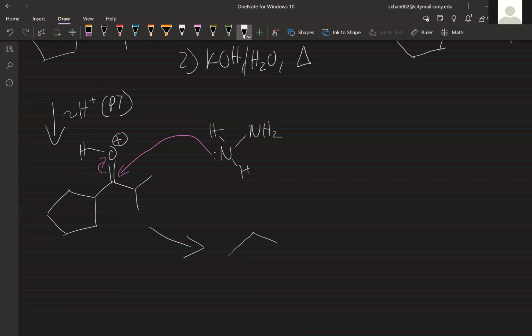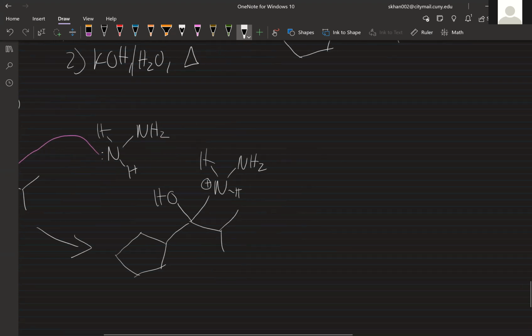That is now going to be this, OH, right? Now NH, H, and H2. Once again, instead of an ethyl or R group, the R group is just NH2, plus.